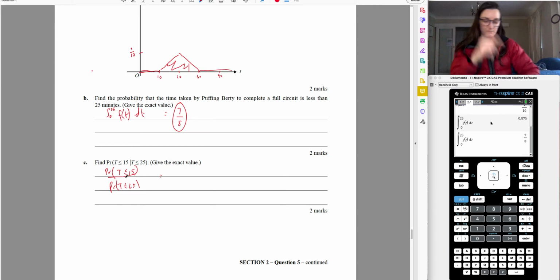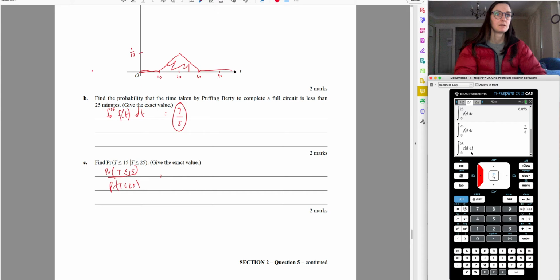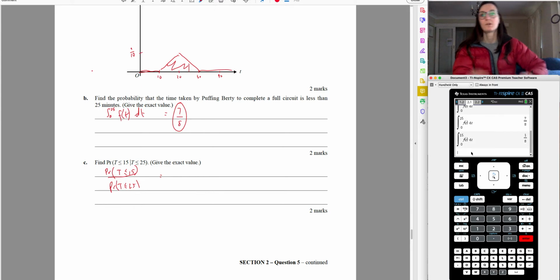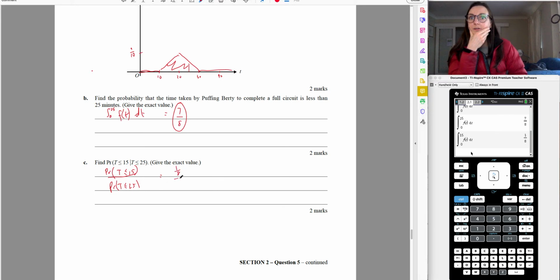We can find this one by just modifying over here. Let's just change that to 15. 1 on 8. So we've got 1 on 8 divided by 7 on 8, which is 1 on 8 times 8 on 7, which is 1 on 7.